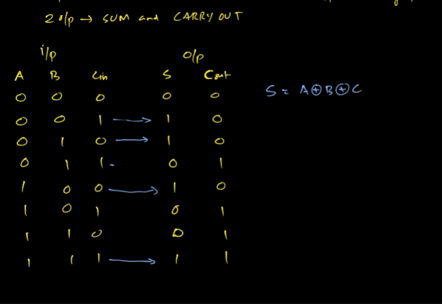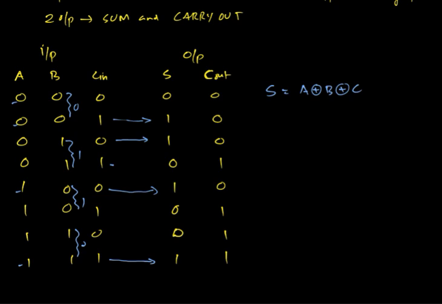If you consider A exclusive OR B, this will be 0, this will be 1, this will be 1, and this will be 0.